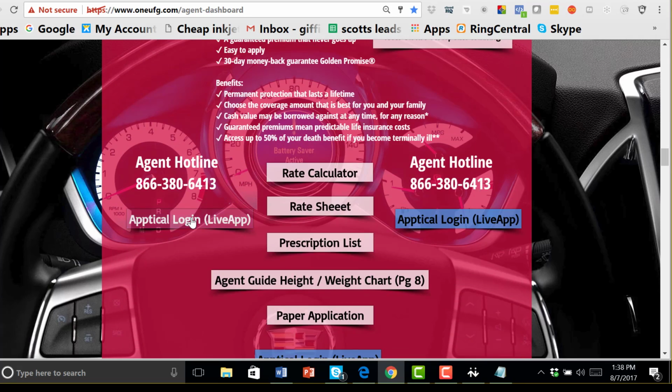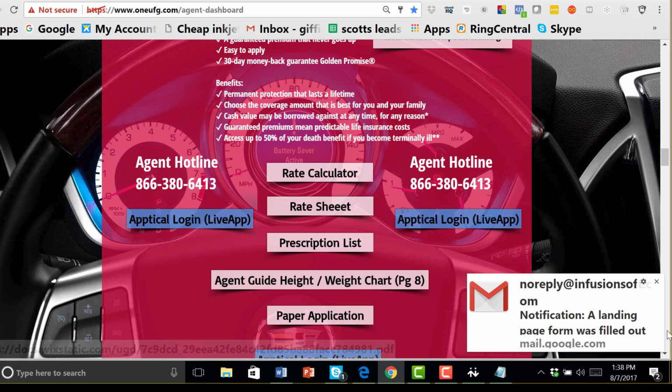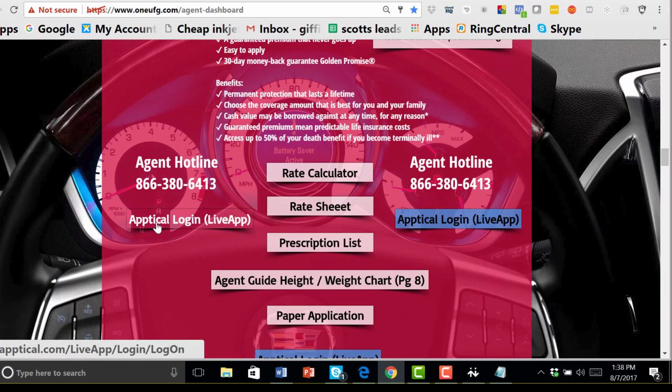SBLI. Let's see here. You have to input an application via Aptical. Look at that. We got another landing page. That's awesome. What Aptical is, you have to get set up for it by the carrier, and they'll send you a username and an ID, and you log in there, and you just complete the application. It walks you through it.